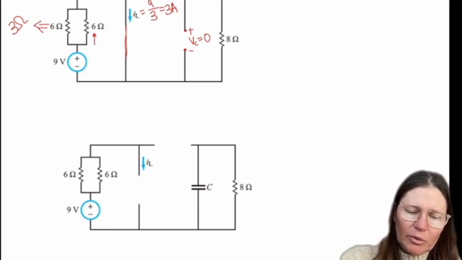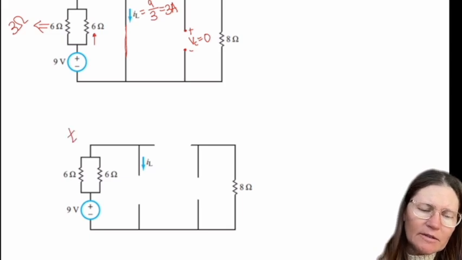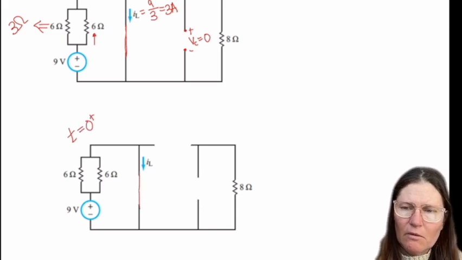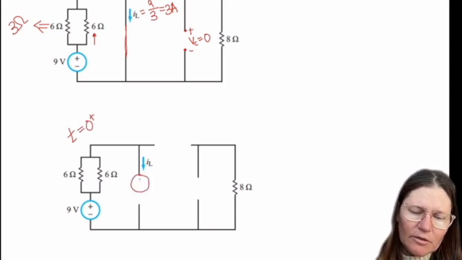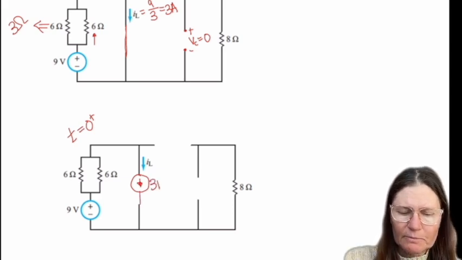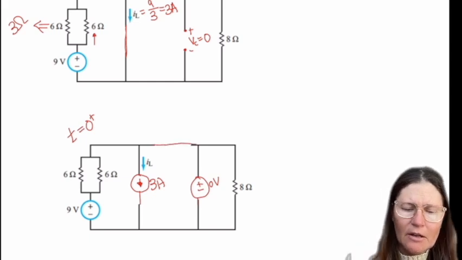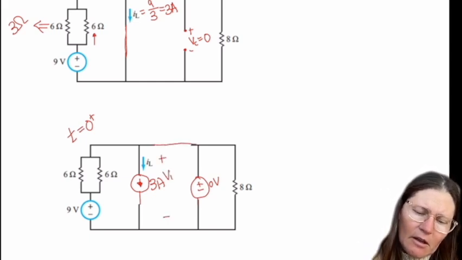When you switch to 0 plus, you're going to note that it's going to be in parallel. So this is going to be a current source that has 3 amps, and this is going to be a voltage source of 0 volts, which is going to make it look like a short.